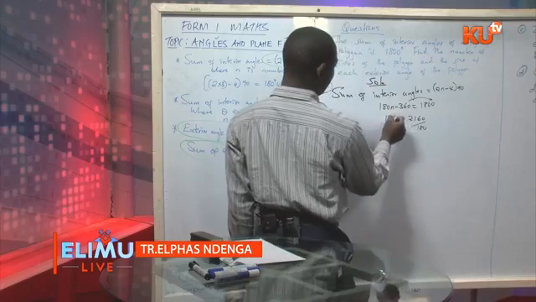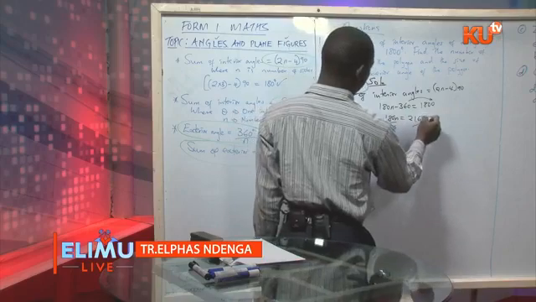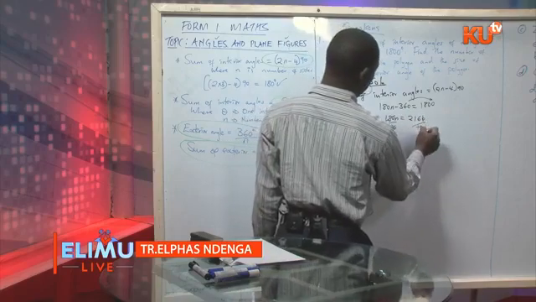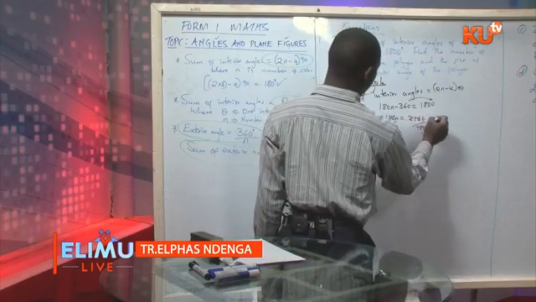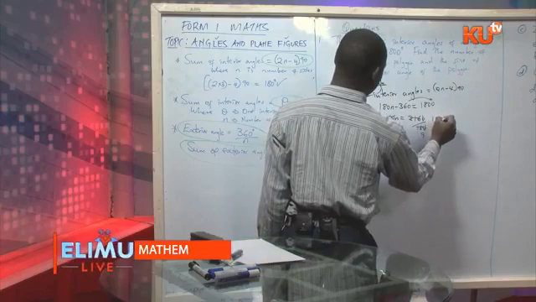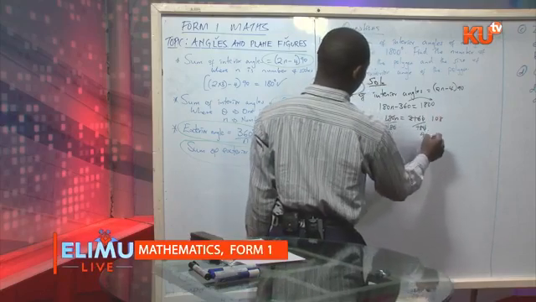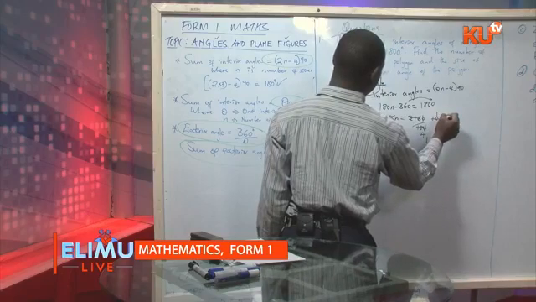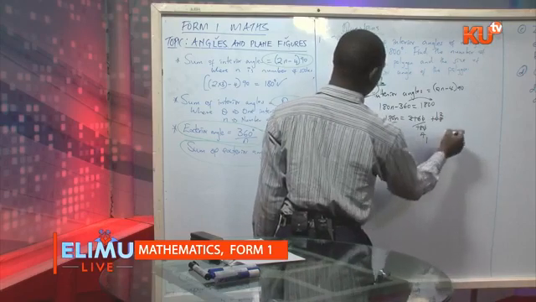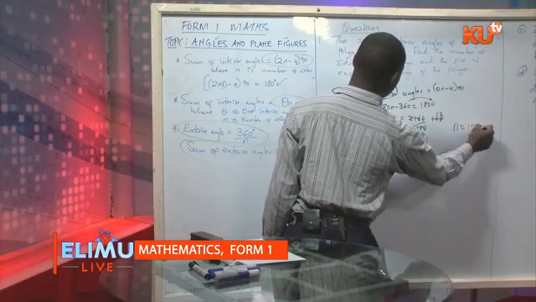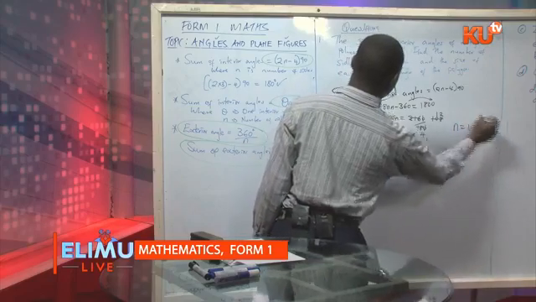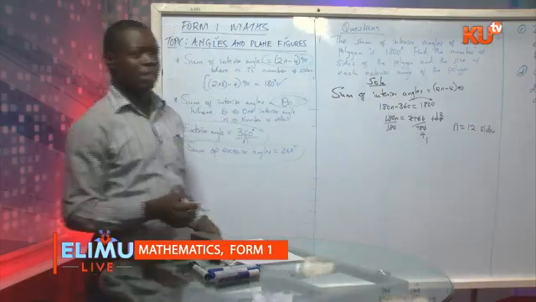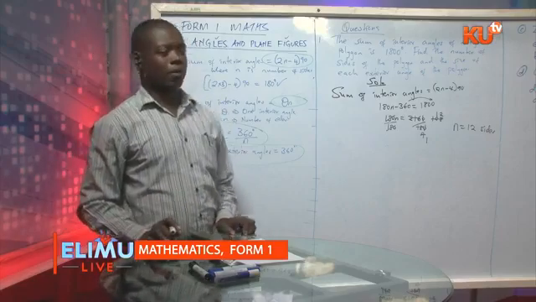So this cancels out. This cancels out. 2160 divided by 180 gives 12. So it means n is 12 sides. So how many sides? 12 sides.